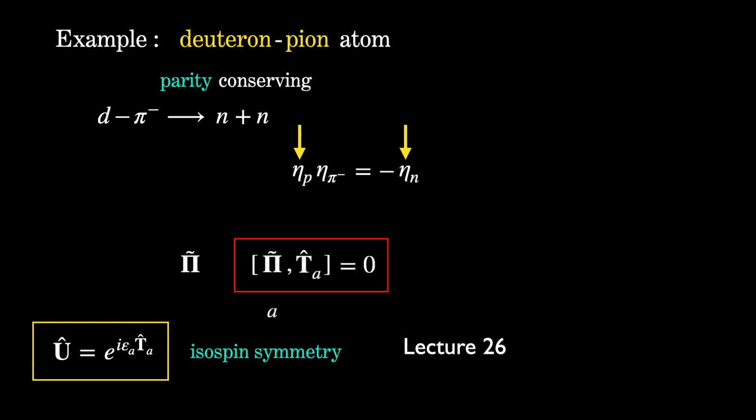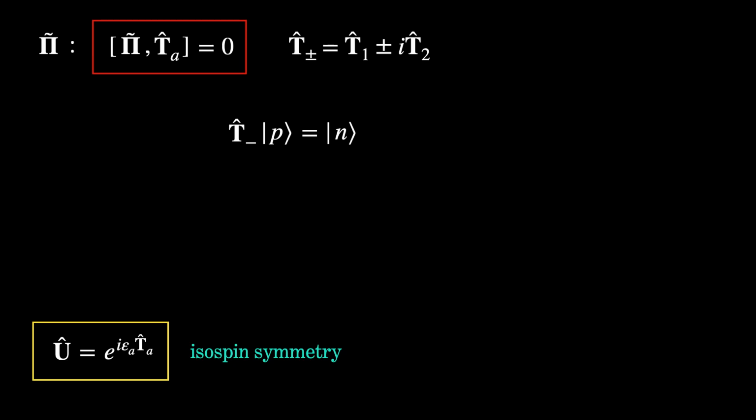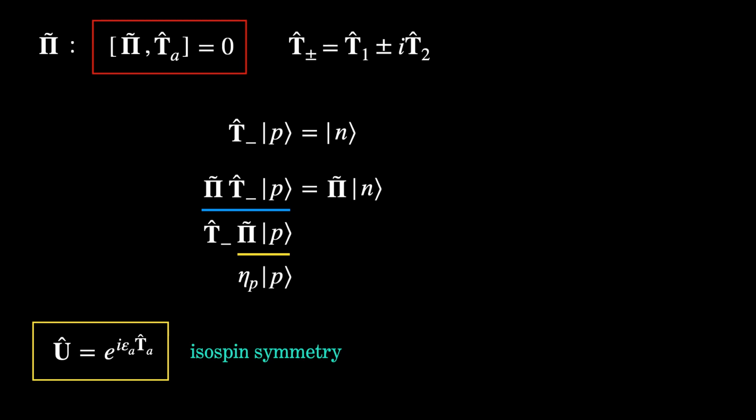Pi tilde commutes with all the isospin generators, and therefore also with the isospin ladder operators, T plus minus. Recall that the proton is the highest weight state in an isospin doublet, and T minus lowers it into a neutron state. Let's apply the parity operator on both sides of the equation. And using the fact that these operators commute on the left-hand side, pi acts directly on the proton state.